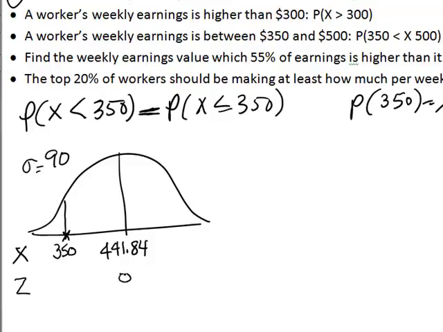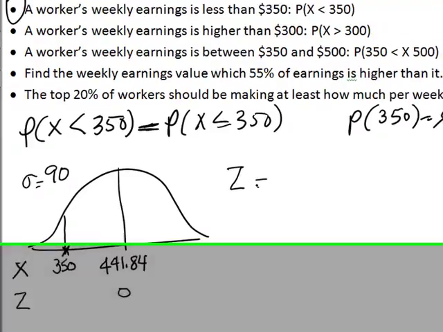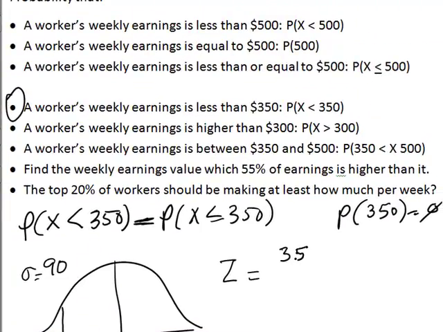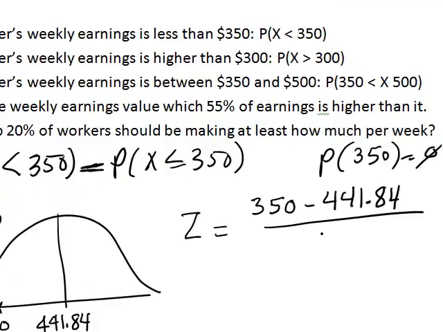The mean on the z-axis is 0. The z-value for 350 must be computed. Z is equal to 350 minus $441.84 divided by 90. If you compute that, you get negative 1.02 as the z-value.